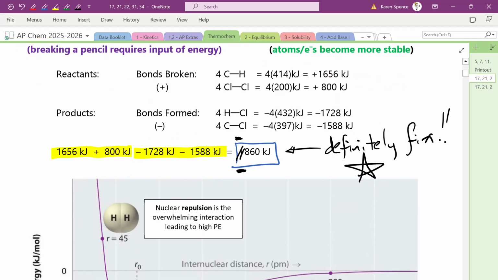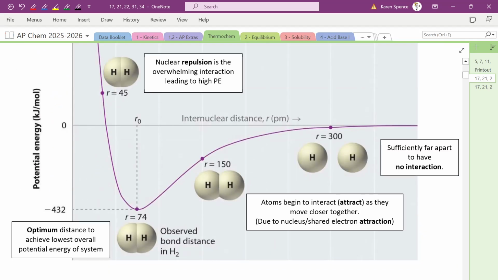All right. And just in case you're like, why do we get that? I kind of put this in here because I thought it would be a good chance to review the covalent bond formation energies. Because if you didn't take Enriched last year, you may or may not have seen this graph.